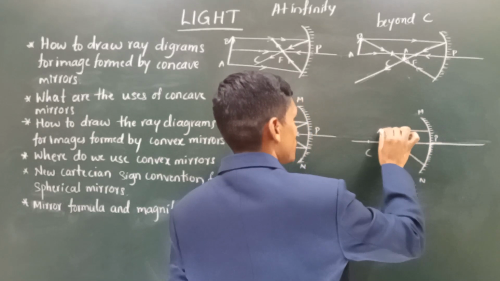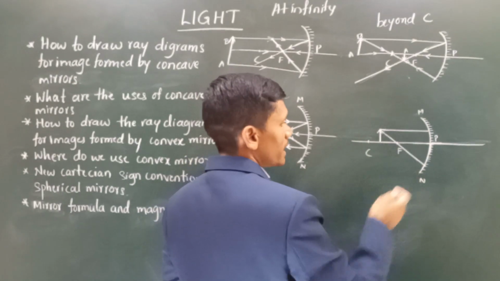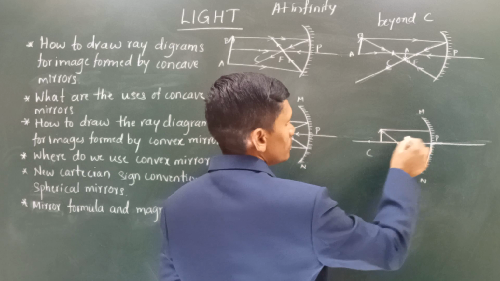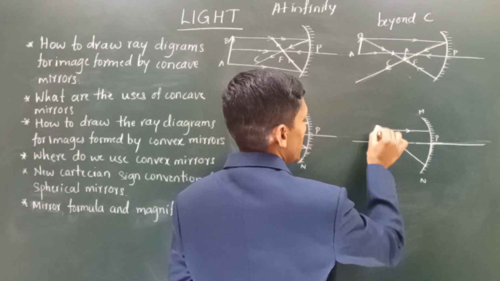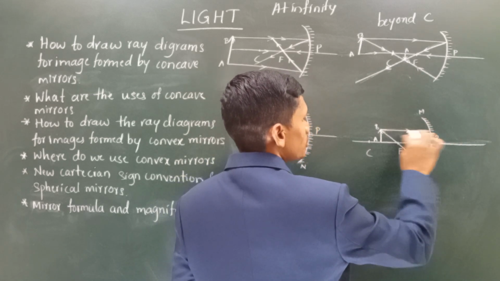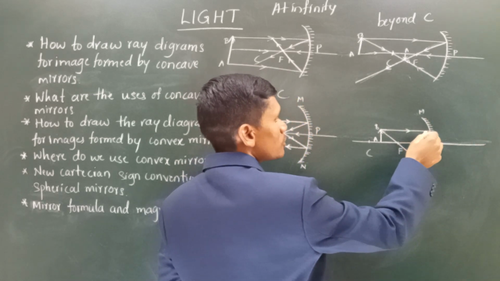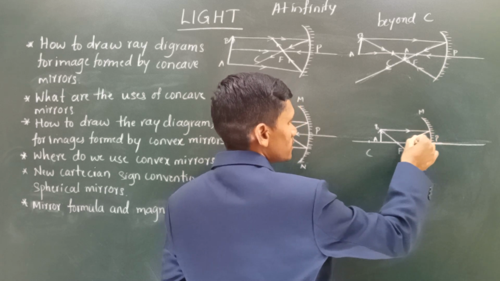You have to consider these because these are the closest points where we can consider a ray of light to be moving. This is the propagation of light, that is A and B we are showing. Now this ray which is parallel to the principal axis, after reflection it should pass through the principal focus according to the laws.